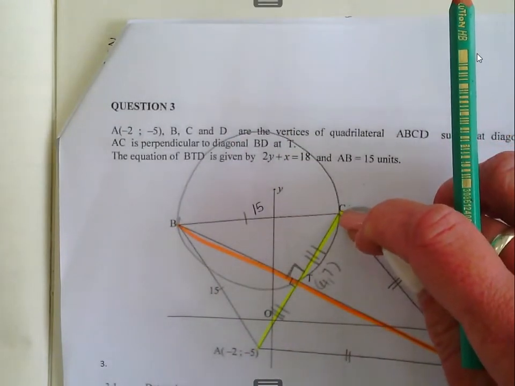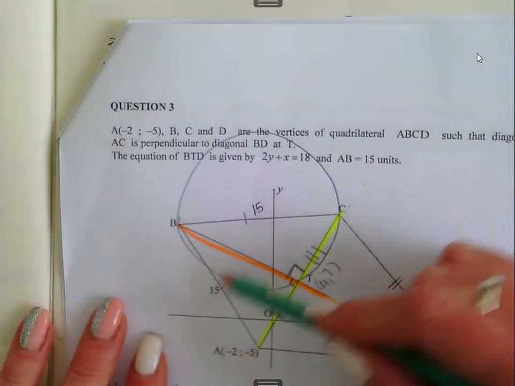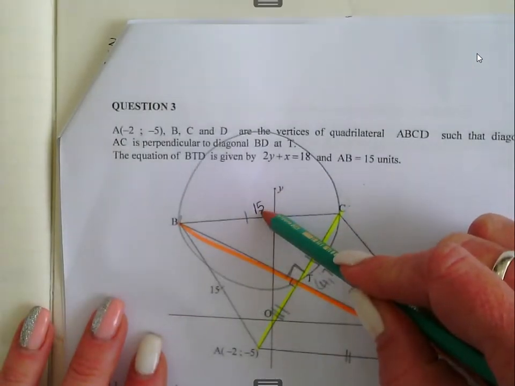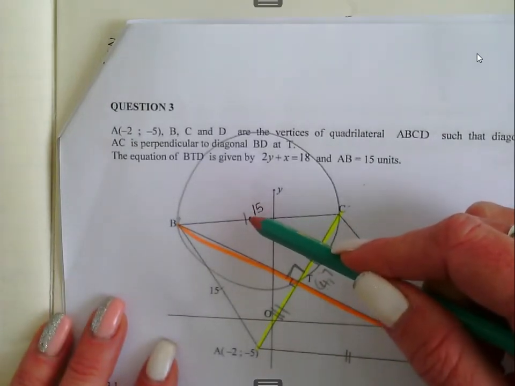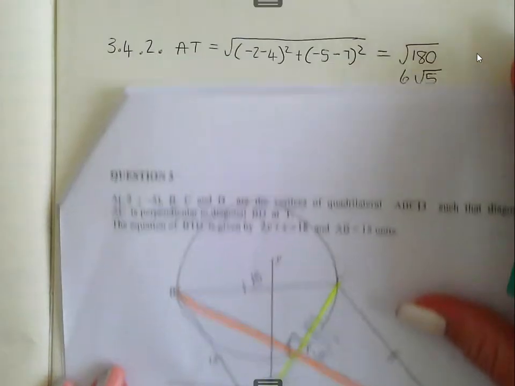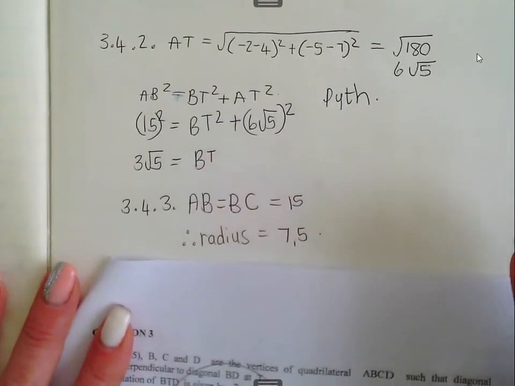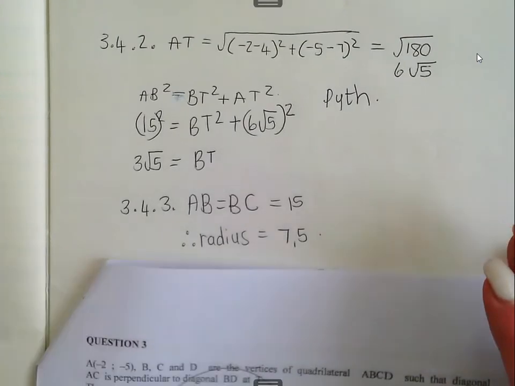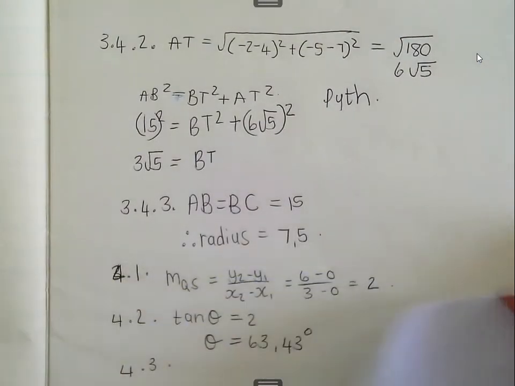In other words, they're asking for the length of the radius. So because that one is 15, I know that one is 15. They told me that as well. So therefore the radius is half of the diameter. So it's going to be 7.5. So you can write the answer there. Just add it to it. AB is equal to BC is equal to 15. That's the radius is 7.5. Just so you have it for study purposes later on.